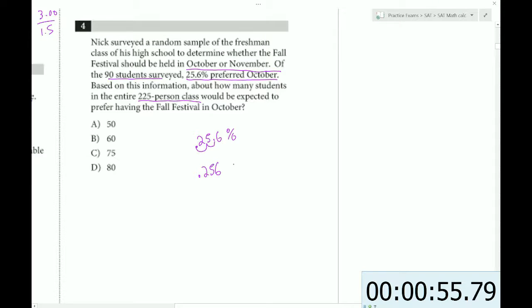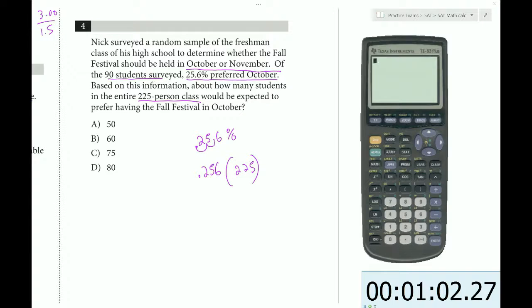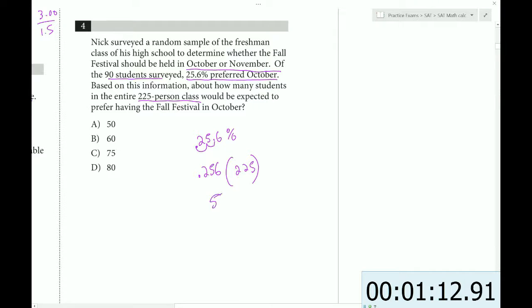And then we do that of 225, so times 225. Let's grab our calculator. 0.256 times 225 equals 57.6. So 57.6, that's how many people we can expect to prefer October. So that's about 60 people, right?